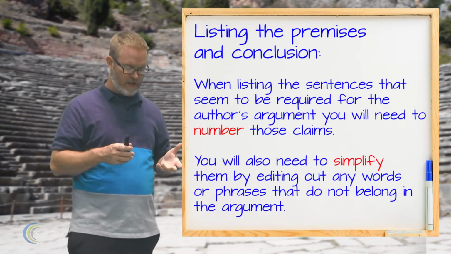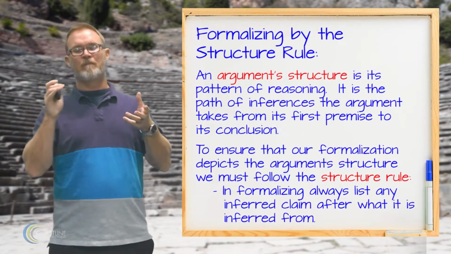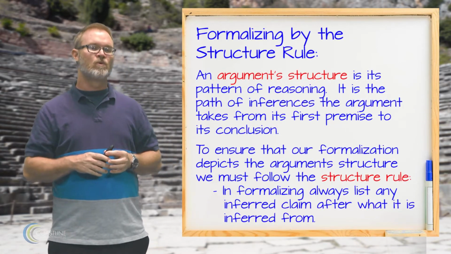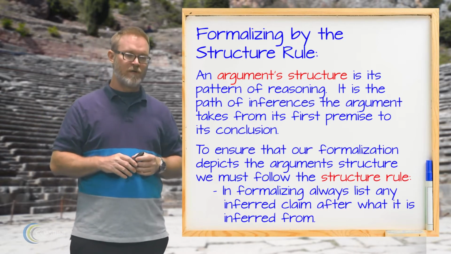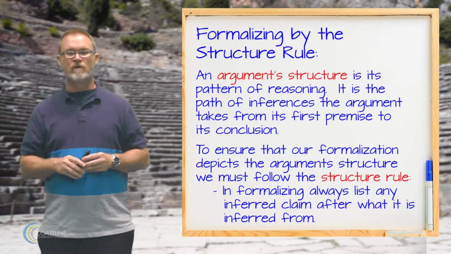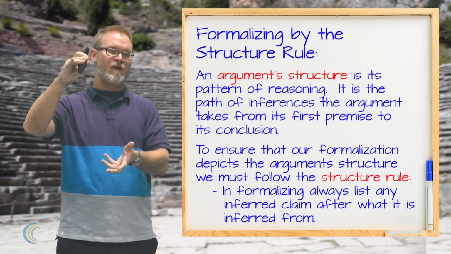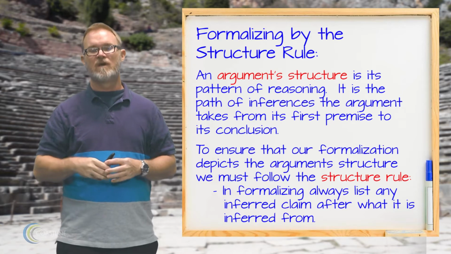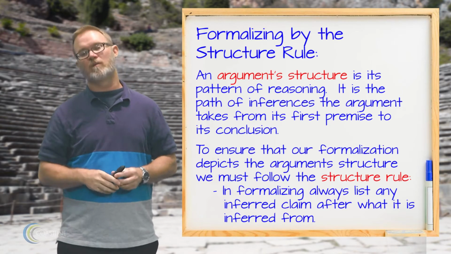Now, when we formalize, we want to follow a basic rule, which we'll call the structure rule. The idea behind the structure rule is that you want to organize your numbered list of claims, your conclusion and your premises, in a way that makes sense and captures the nature of the argument.